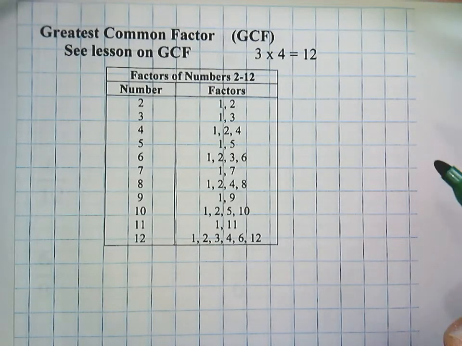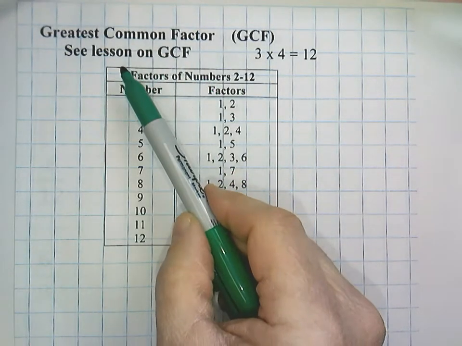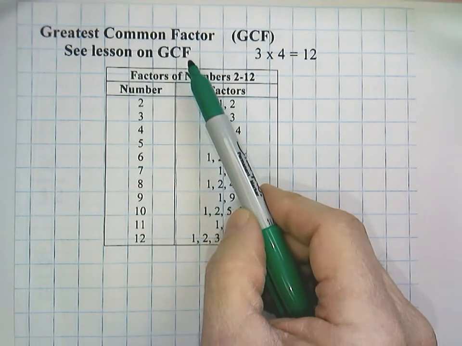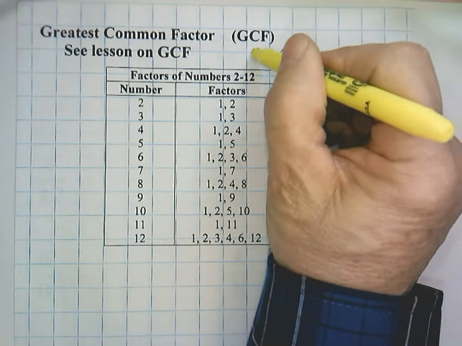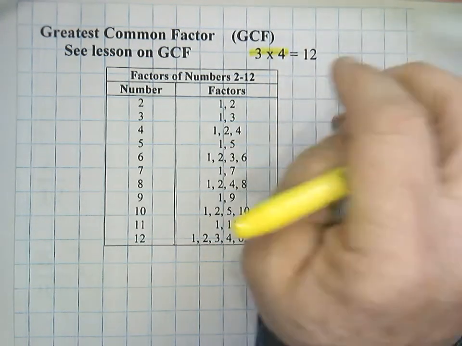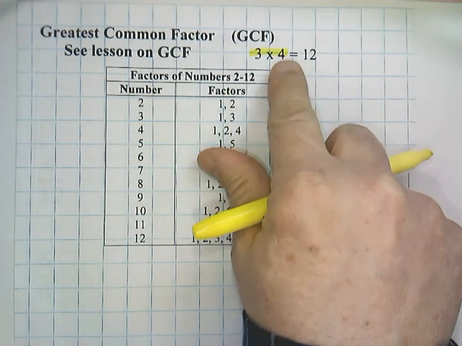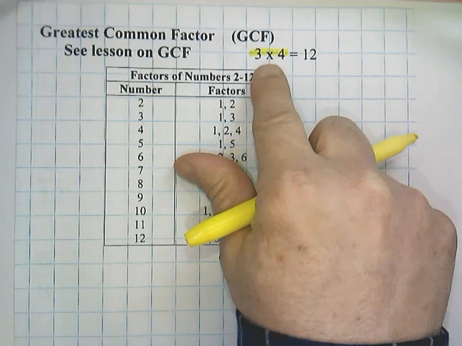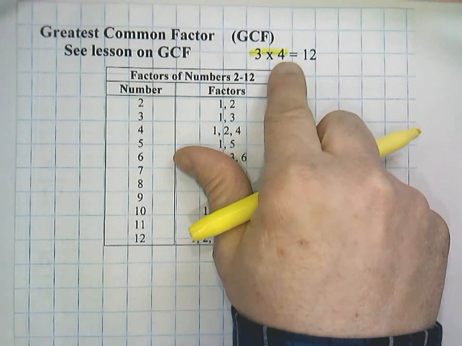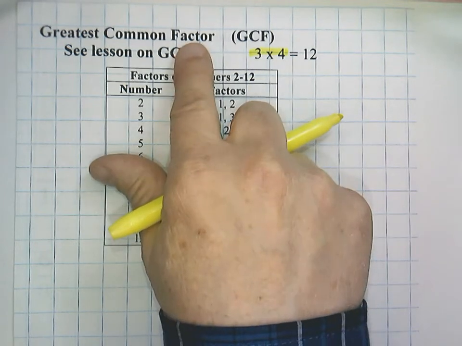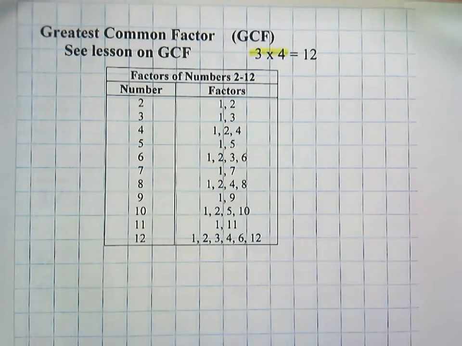Greatest common factor. See the lesson on greatest common factor that we've taught before, but just in review, for example, 3/4. 3 times 4 equals 12. 3 and 4 are the factors. So remember, factors are numbers that we multiply.